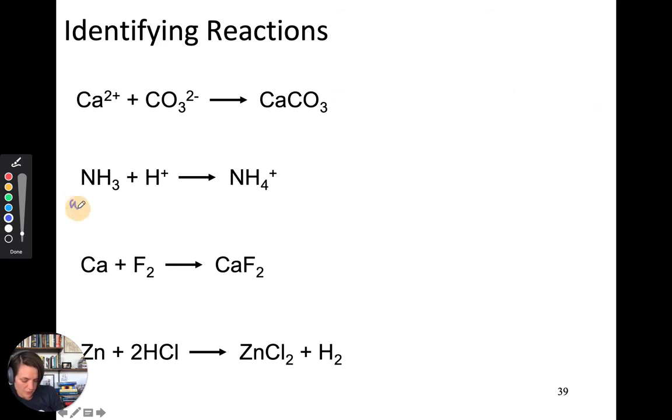Here I have ammonia, my hydrogen ion, forming the ammonium ion. +1 gives me a total charge of +3, right? -3, +1, giving me a +4.